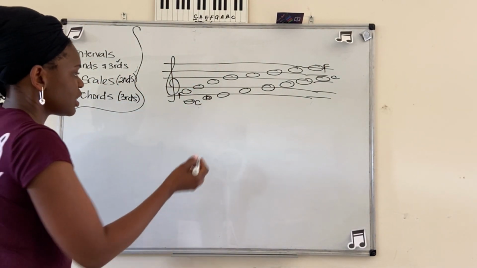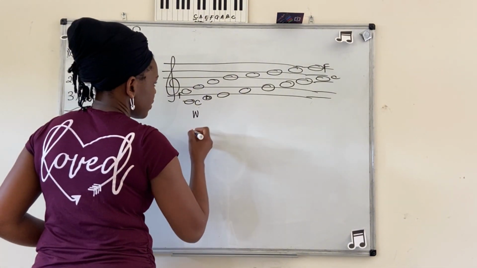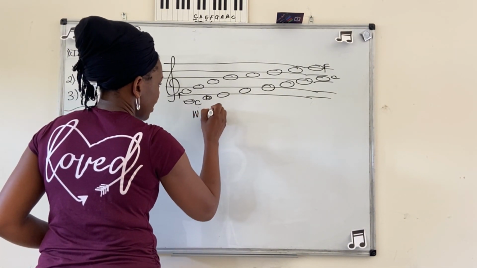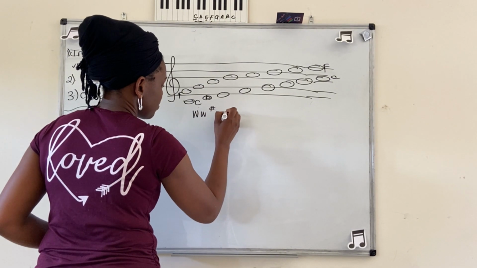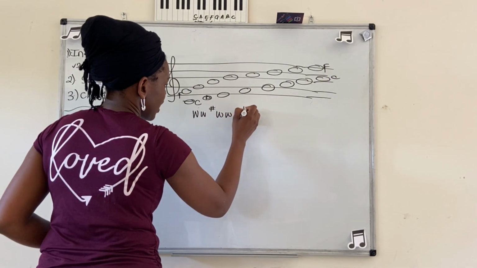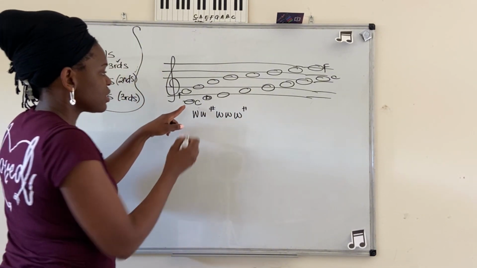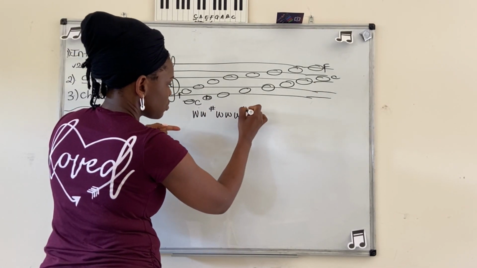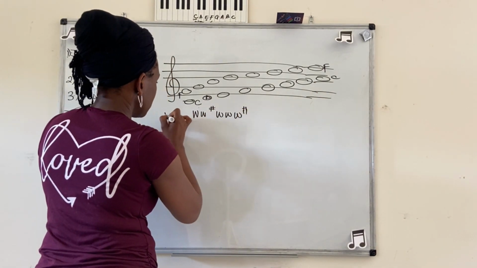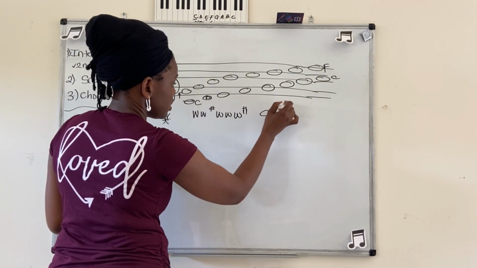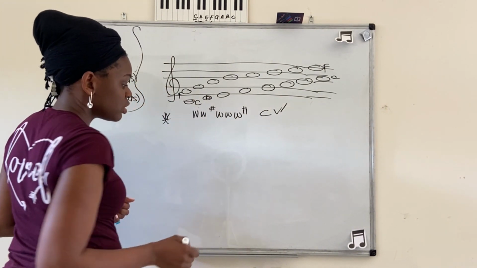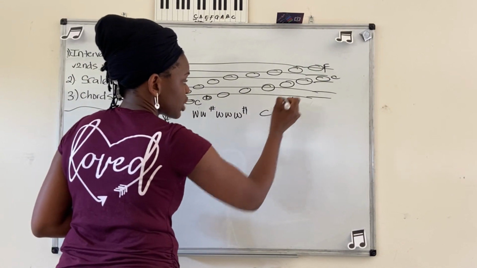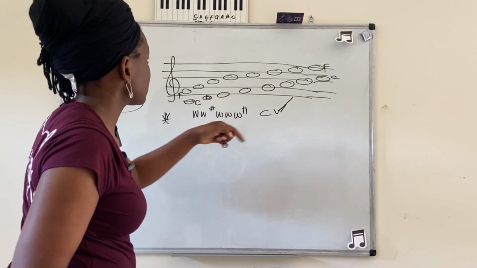And like we mentioned, it has a formula of whole step, half step, whole step, whole step, whole step, half step. So when we look at this C major scale, which has no sharps, it completely fulfills our formula. So the C scale is okay, but our F scale will not be okay.